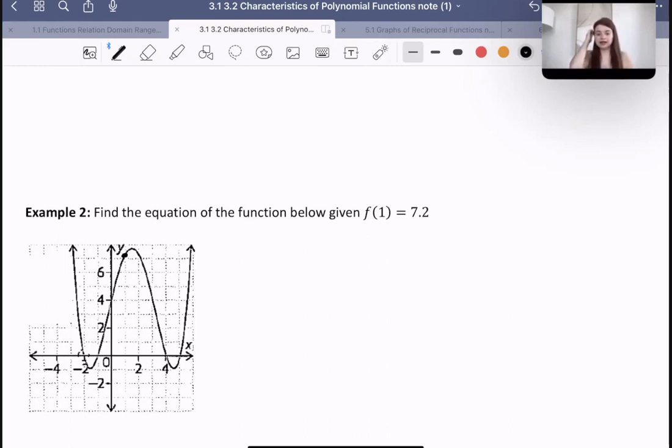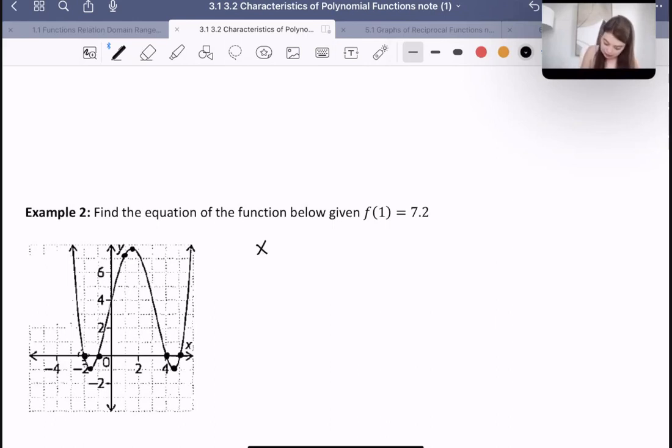Well, I can tell that there are 3 turning points, and so the minimum degree of this would have to be at least degree 4, so it likely is degree 4. I can also see that there's zeros at -2, -1, 4, and 5, right?